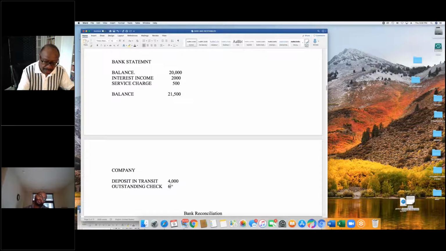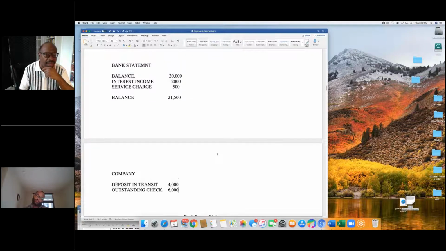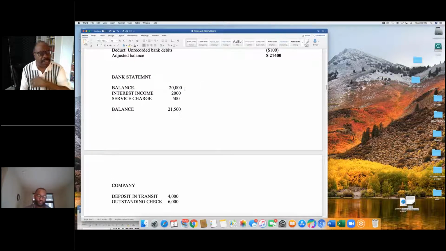$6,000. Okay, so what I want you to do is to go up here and do the bank reconciliation first. If you were going to do that bank reconciliation to the correct balance, you all work on that.